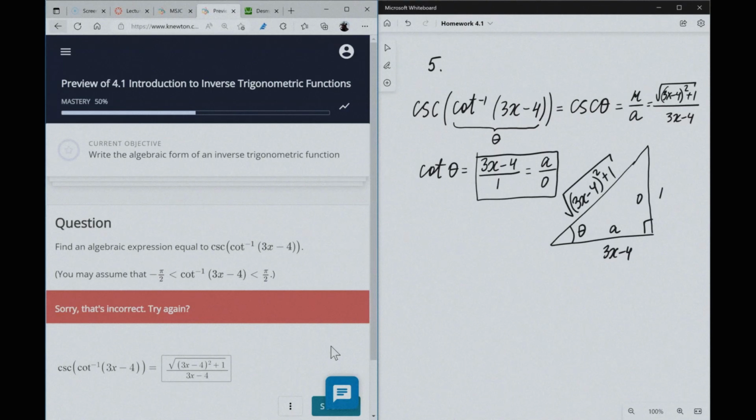Cosecant is, I guess it doesn't help to make these silly mistakes. Cosecant is actually over the opposite side, right? So we divide over 1.